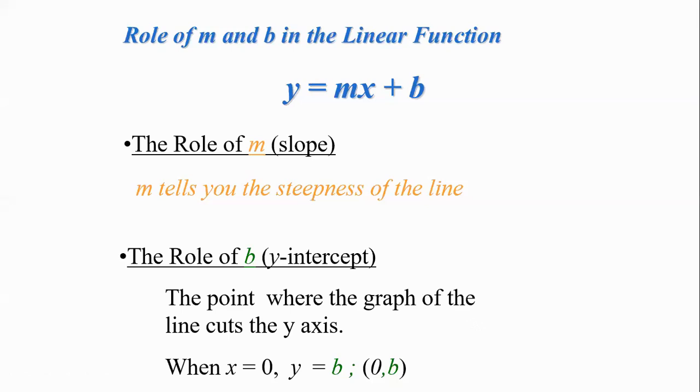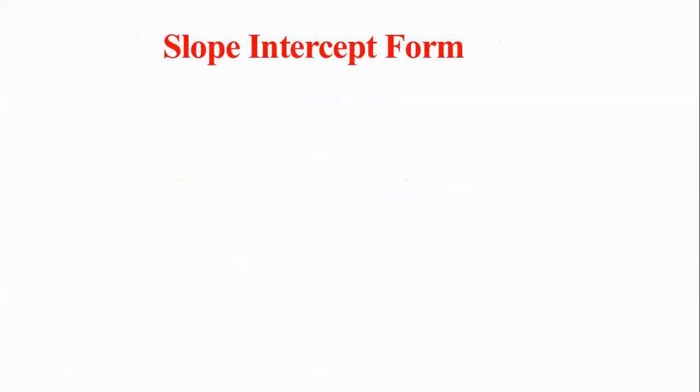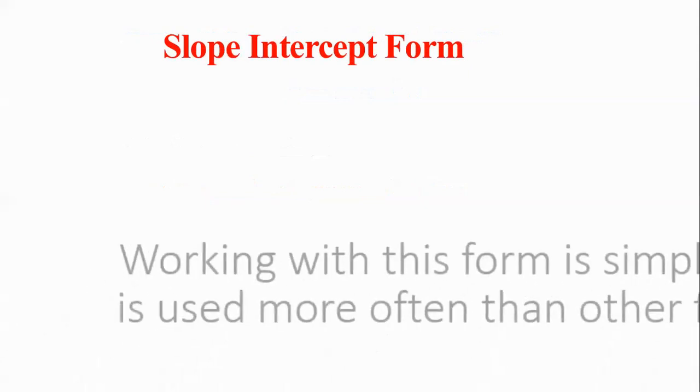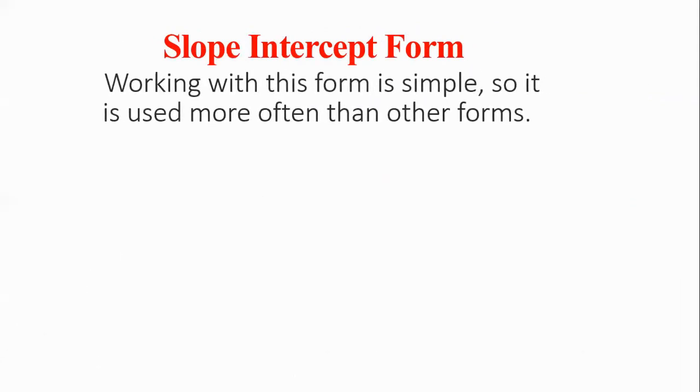Let's continue. So now, when working with the slope-intercept form, it is quite simple and it is used more often than the other forms. And remember, the first form was when we used the 2-point formula, when you're given 2 points to find the slope, which was m equals y2 take away y1 divided by x2 take away x1.